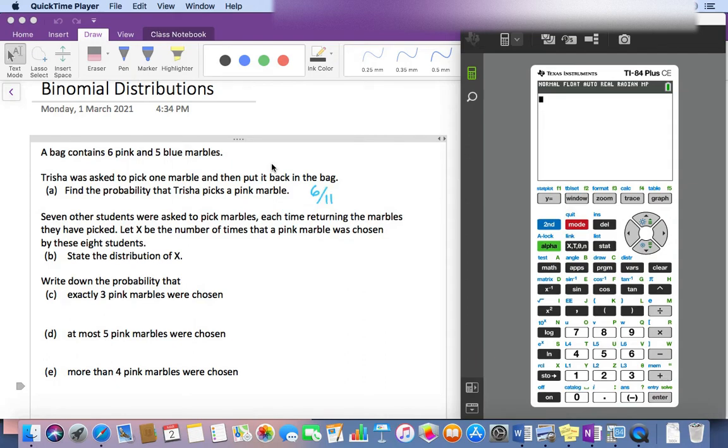Okay, so 7 others were asked to pick marbles, each time returning the marbles they have picked. Let X be the number of times that a pink marble was chosen by these 8 students.